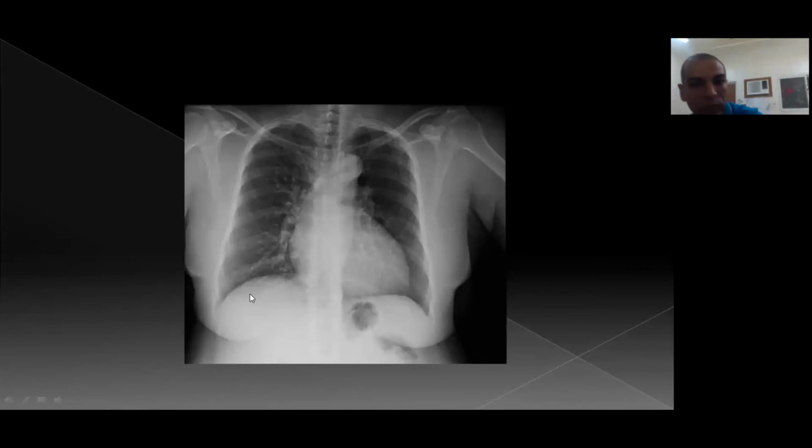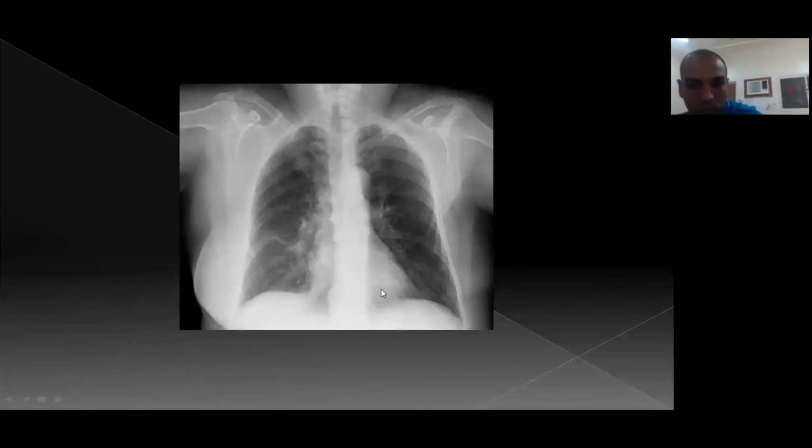So we have two differential diagnoses here, maybe pulmonary embolism, maybe pulmonary emphysema. And in this case, by the way, we have an obstructing mass, confirmed later on, obstructing the left lower lobe bronchus, and there are emphysematous changes in the left hemithorax.